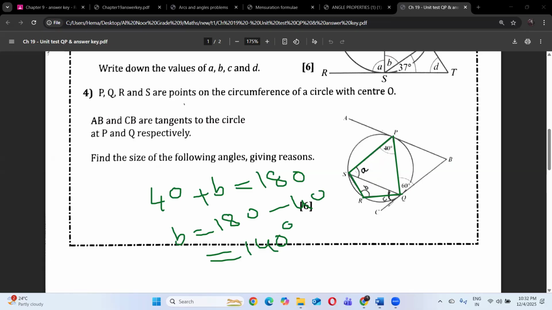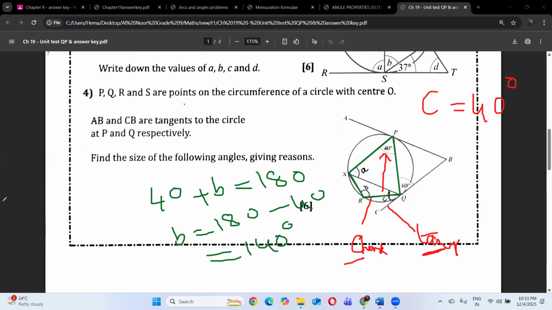C is placed between a tangent and a chord, right? Tangent and chord, so this must be equal to the alternate segment. What is the alternate segment? 40. So C equals 40. Reason: alternate segment theorem.